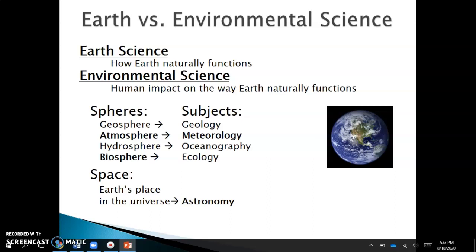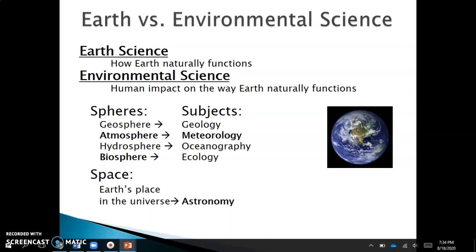So when we say Earth science, we just mean basically nature by itself. And when we talk about environmental science, we talk about how humans interact with nature. For the most part in this course, you guys will be learning about the actual nature itself. So we're going to be dealing with the majority of Earth science until we get into our final units when we start talking about environmental science.